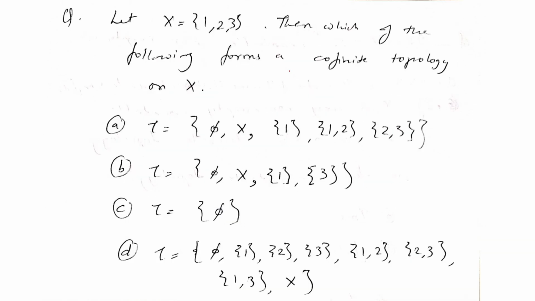So the next question is: let X equal the set {1, 2, 3}. Which of the following forms a cofinite topology on X? So you have to find which of these topologies, whether it is A, B, C or D, forms a cofinite topology on X. So verify which of these is a cofinite topology on X. Everyone try it and let me know the answers.